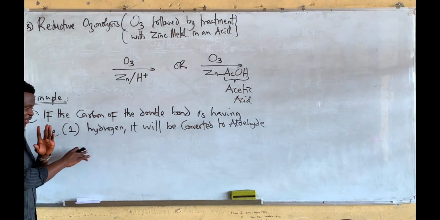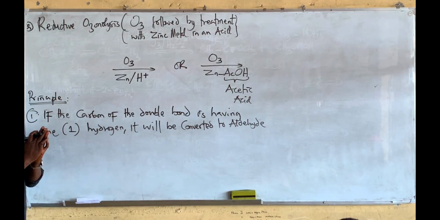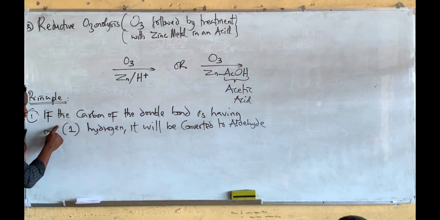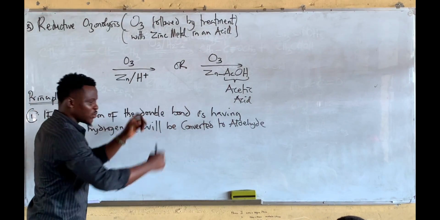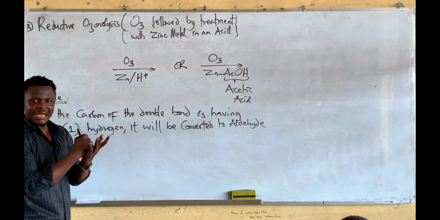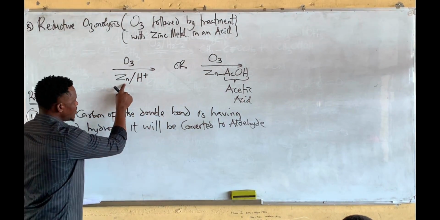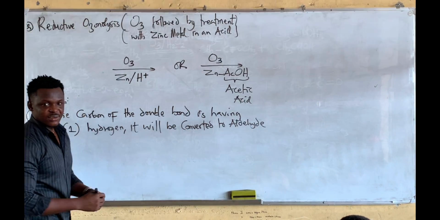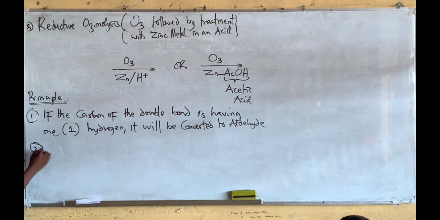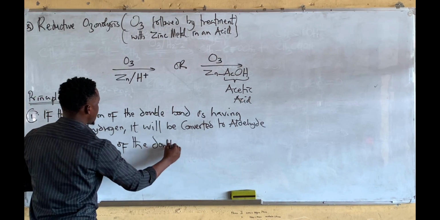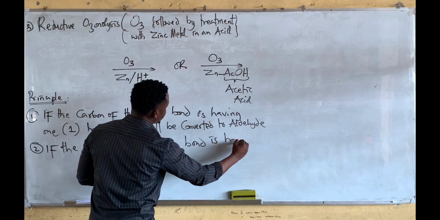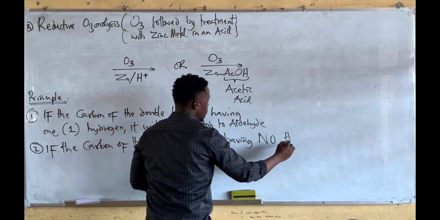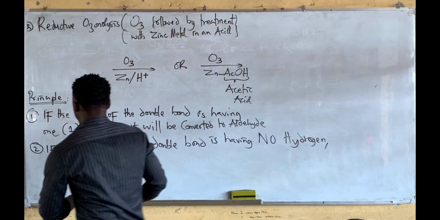If it has no hydrogen, it's still the same thing as the previous two. But once there is one hydrogen, this reagent is not going to allow it to oxidize to carboxylic acid, because if you oxidize, aldehyde will go to carboxylic acid, but this will not allow the aldehyde to get to carboxylic acid. So that's the difference. Number two, it's still the same as the previous two reagents: if it has no hydrogen, it will be converted to ketone.